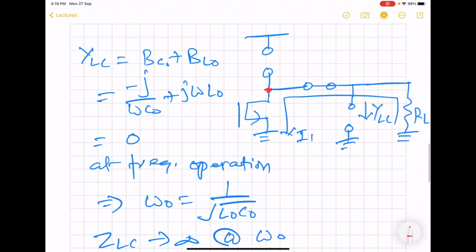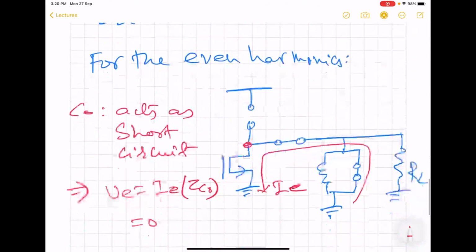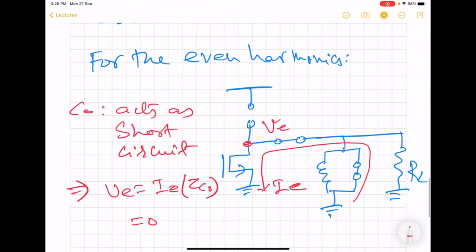For the fundamental, the drain voltage that we will see here, VD1, is going to be minus RL I1. And the drain voltage for even harmonics is going to be 0.